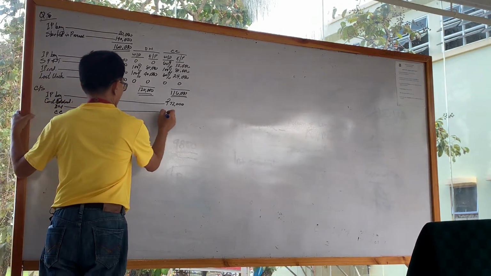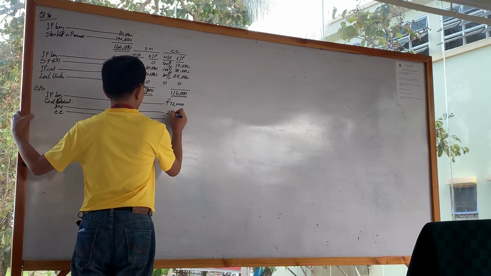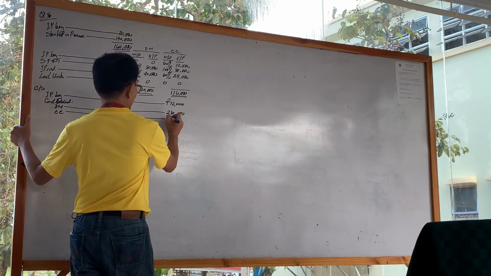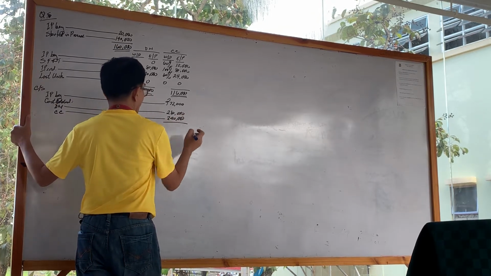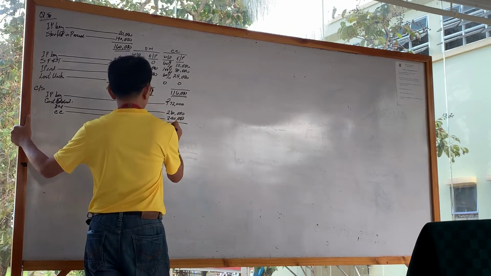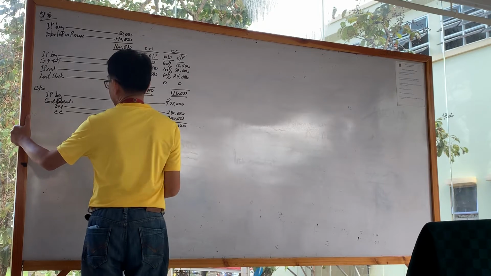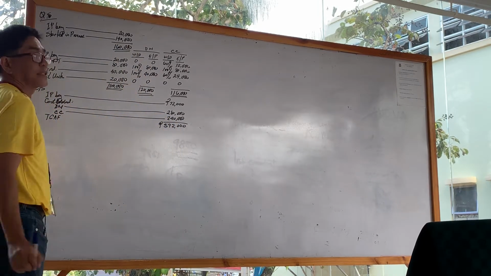For direct materials, we have 280,000, and for the conversion cost, we have 240,000. This is the first department. Total 592. Okay, this is your P cap.